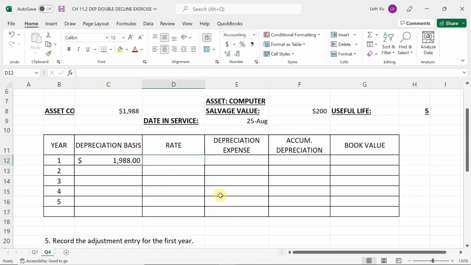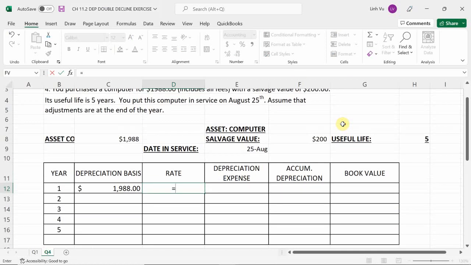What's my rate going to be? It's going to be 33.333. How did you get that? Because we only have 4 months of service on the computer.